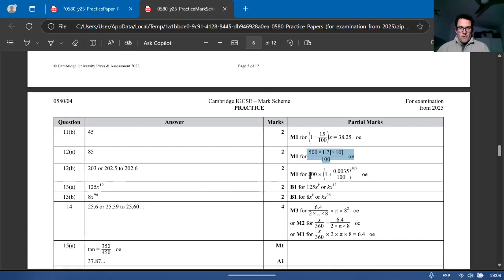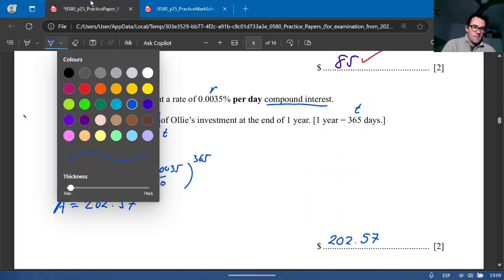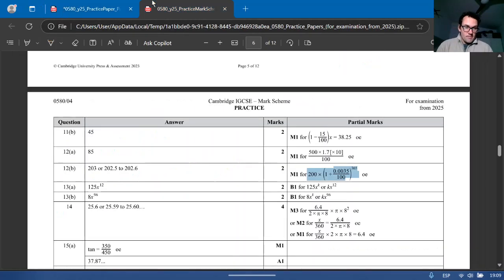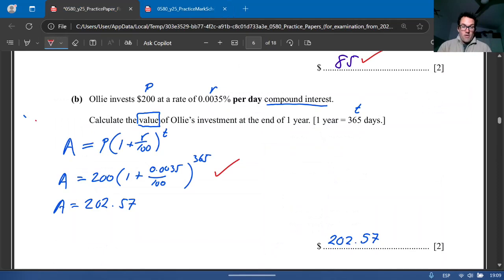Right. So, first of all, a mark for using the formula correctly. You don't get any marks for writing down the formula. You get it for putting stuff in the formula correctly. Then, 202.5 to 202.6. So that means if I rounded it to 3 significant figures, correct.